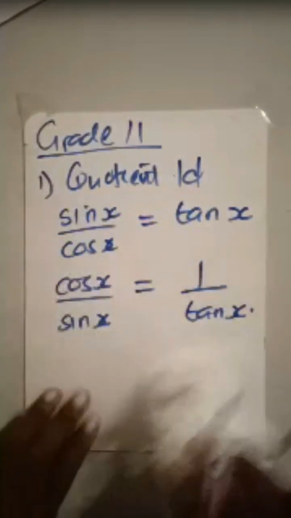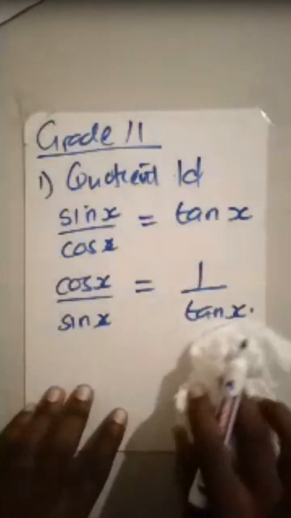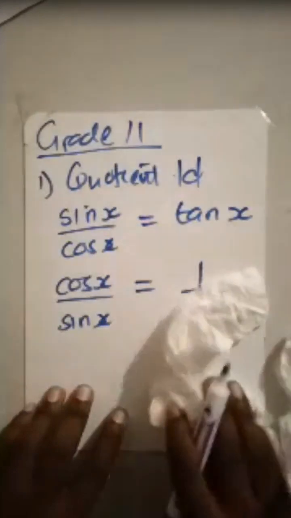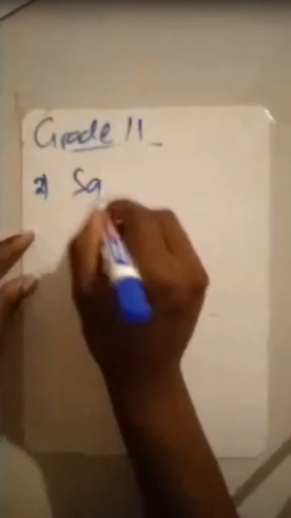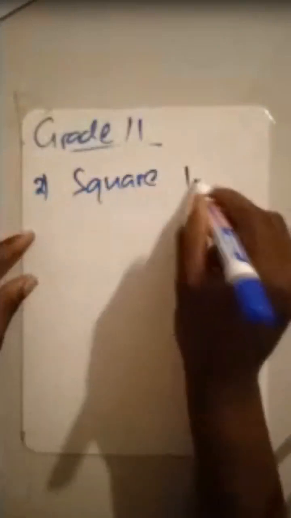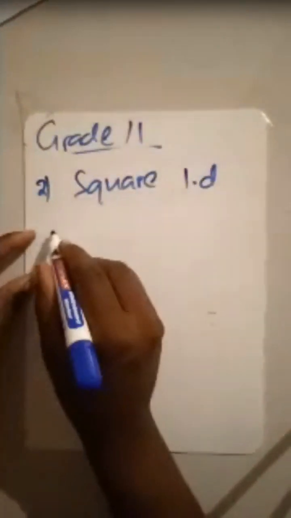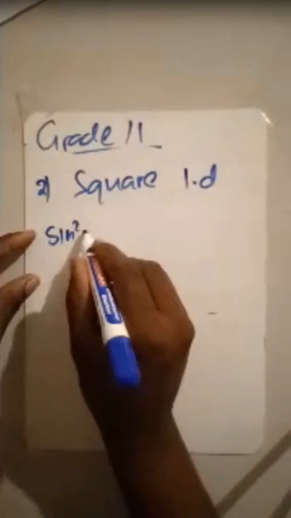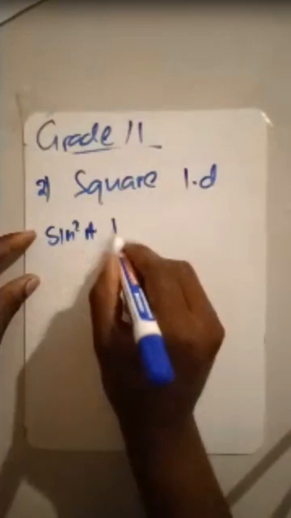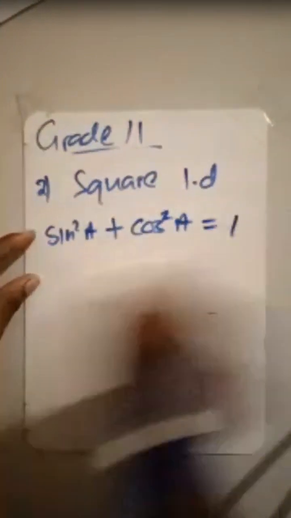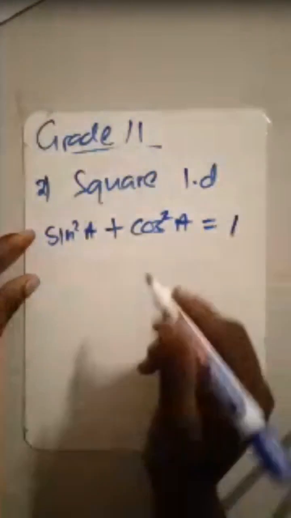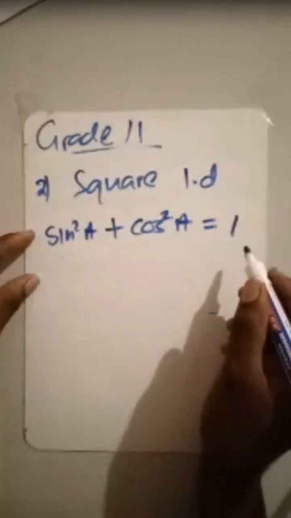Then last time, I can't remember, was it the general solution, we actually talked about this one. And we also talked about number 2, the square identity. The square identity, which says sine squared A plus cos squared A is equal to 1. Then I indicated that this one can be manipulated in a number of ways.